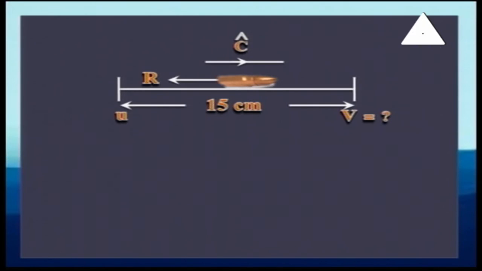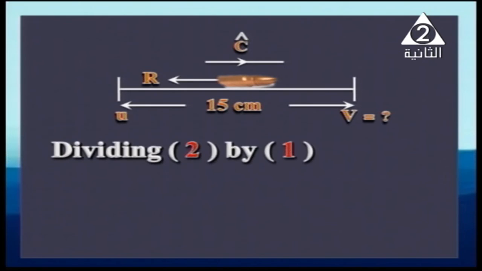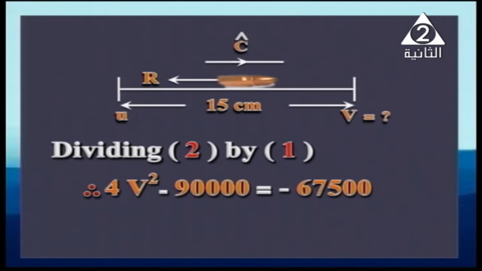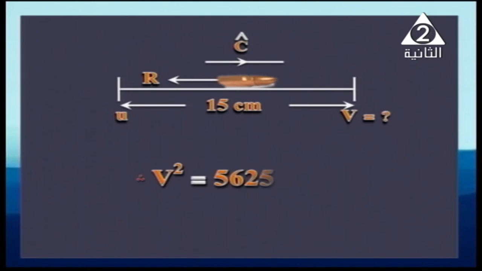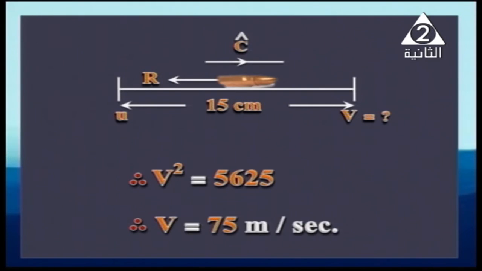Dividing equation 2 by equation 1, by substitution the equation becomes 4V squared minus 9,000 equals negative 67,500. Then 4V squared equals 22,500, divided by 4, V squared equals 5,625. The square root equals 75 meter per second.